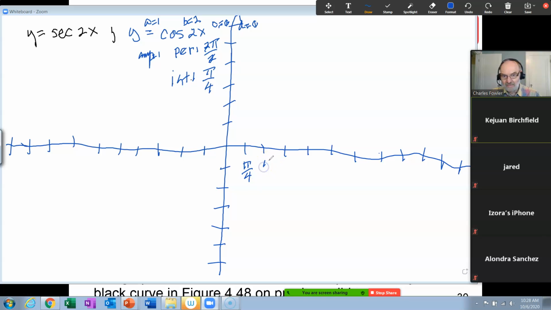2 of those would make a pi halves. So 4 of those would make a pi. 4 more of those, 1, 2, 3, 4, would make a 2 pi. And then we run out of room. Back here, a minus pi quarters. Minus pi halves.